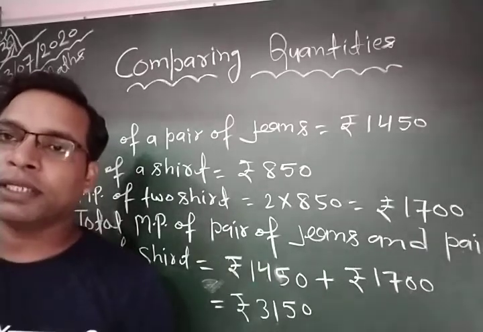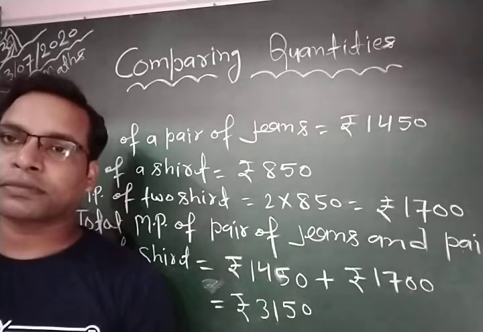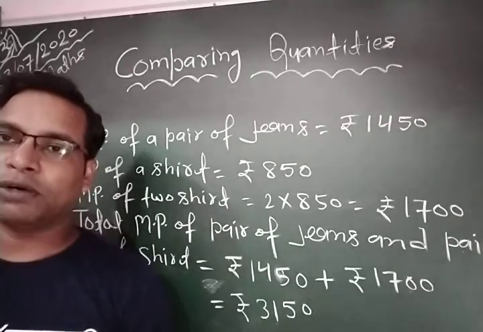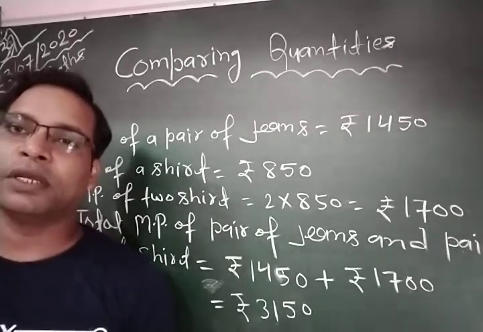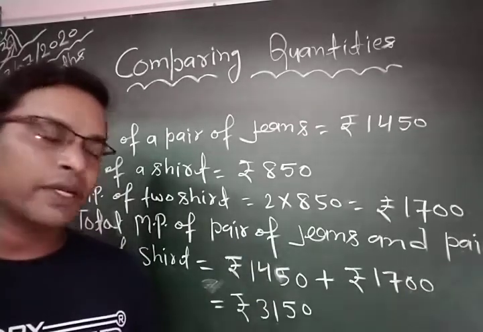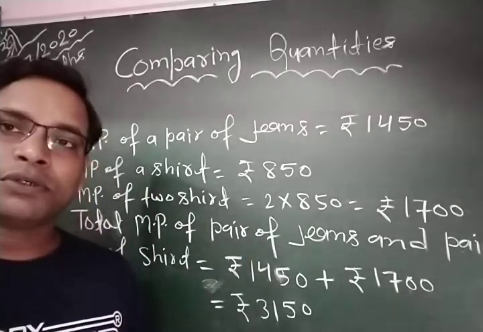The rate of discount is 10% on each item. So first we are going to find the discount on the total items.